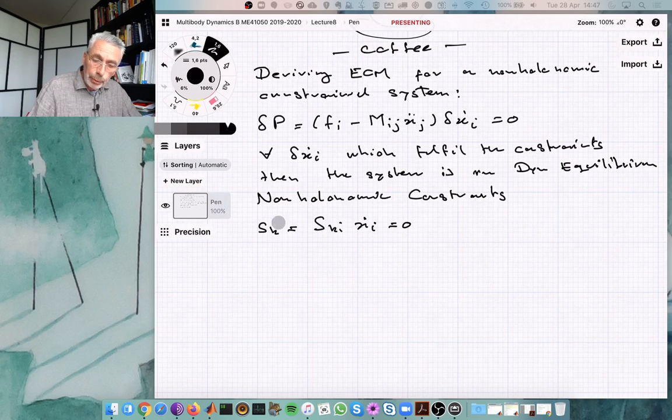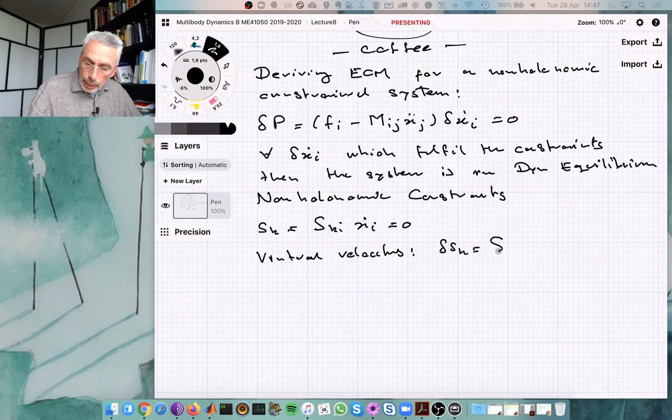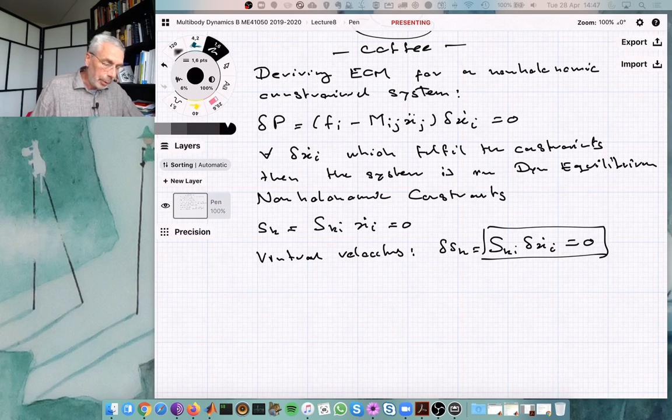Now this is for the real velocities, and for virtual velocities you put a hat or some magic symbol, and for some reason people like this curly delta as a magic symbol. So for virtual velocities, we get delta s_k is S_ki delta x dot_i, should be 0. So these are our virtual non-holonomic constraints.